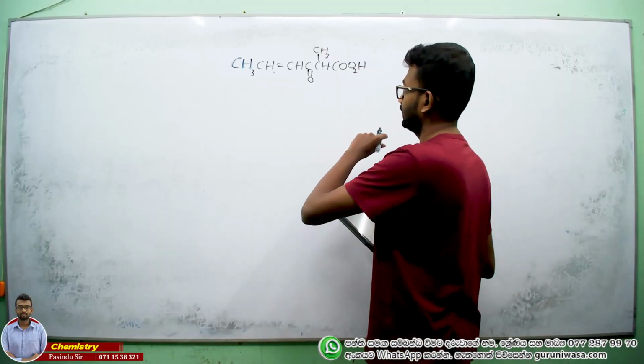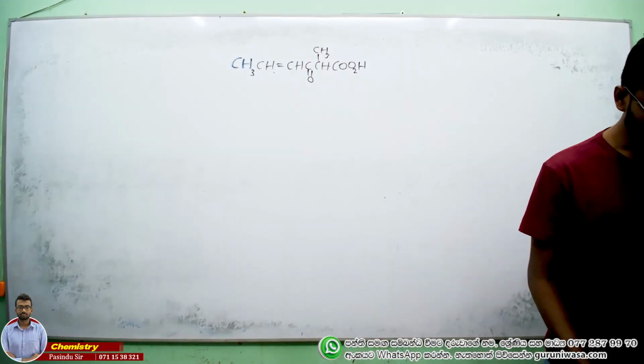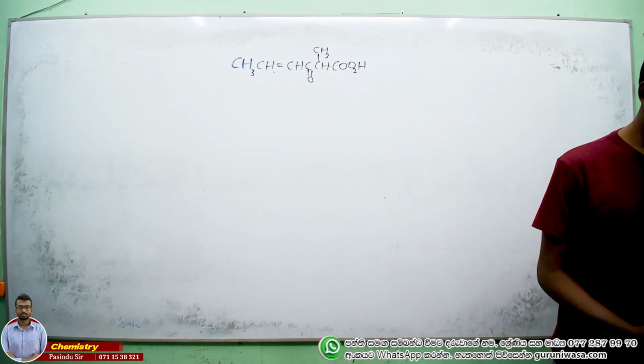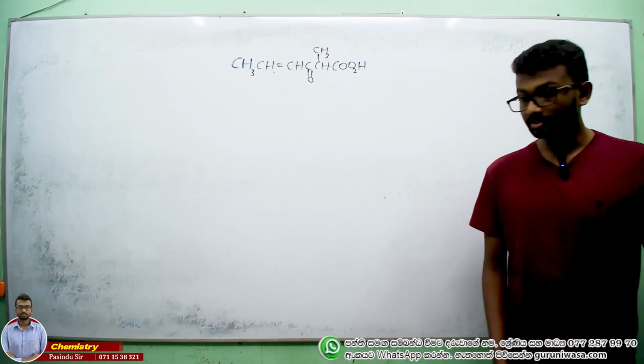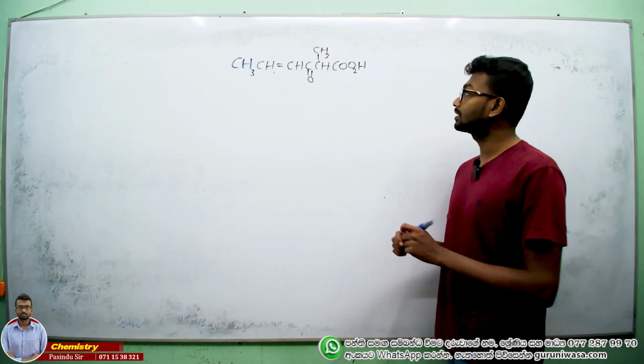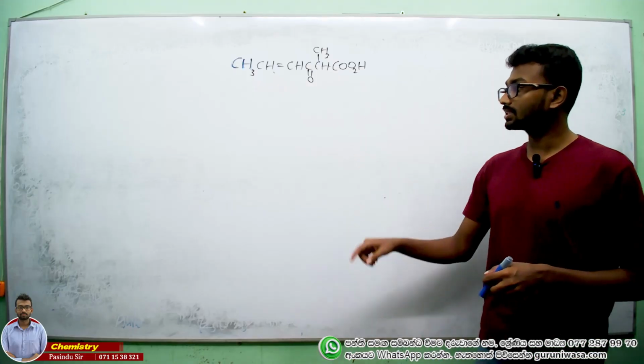So then what is the first thing that we need to do? We have to find the carbon chain, the suitable carbon chain. So what are the conditions that we check when we find the long chain?